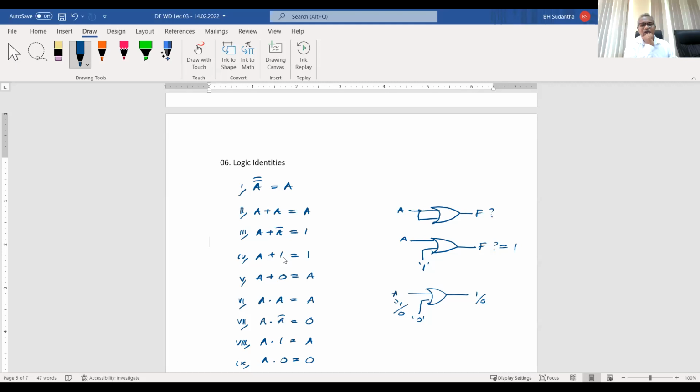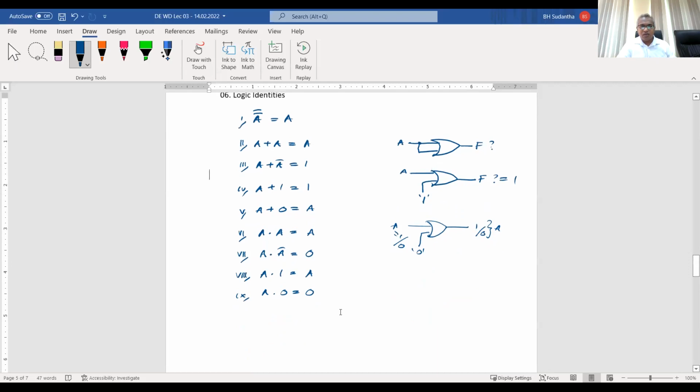When A is 0, the output is 0. That's why A plus 0 is A. Is it okay? Yes. Those are the theorems we have to learn.